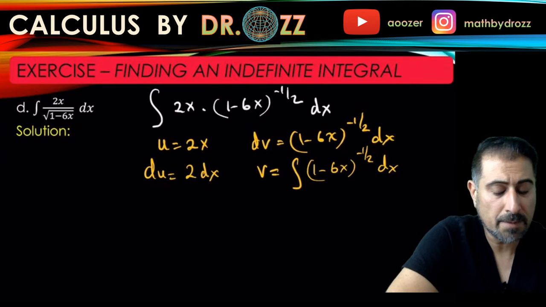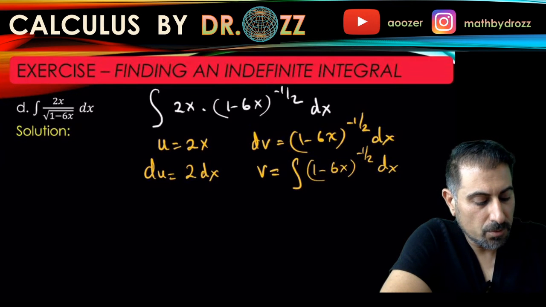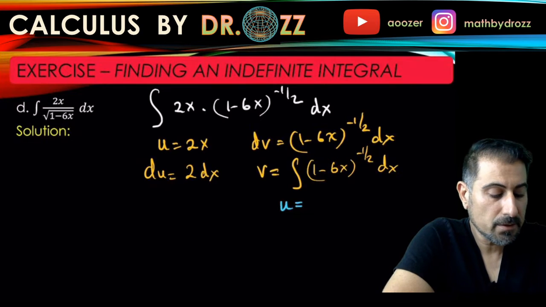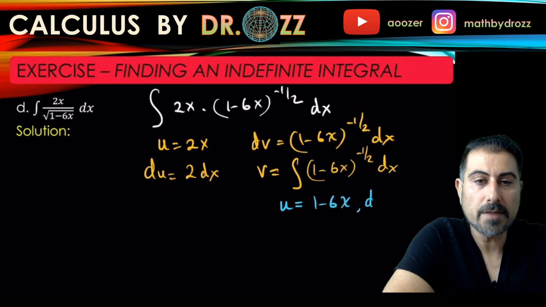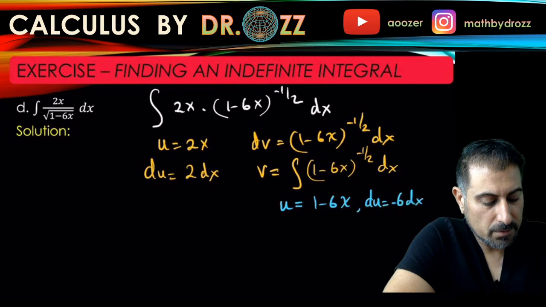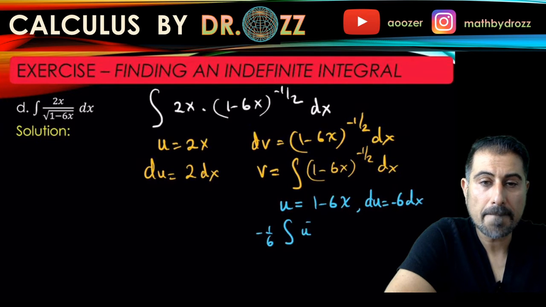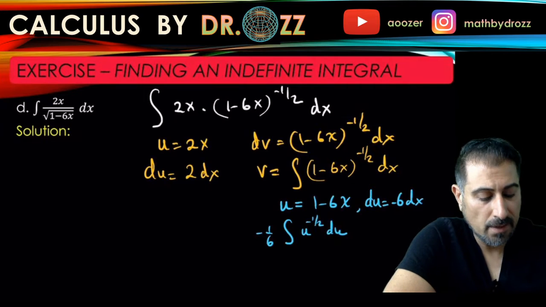If you call u to be 1 minus 6x, then du equals negative 6 dx. So this integral turns out to be negative 1/6 times u to the power of negative 1/2 du. You can always pause the video and go at your own pace, obviously.